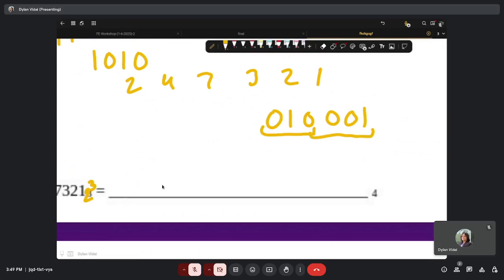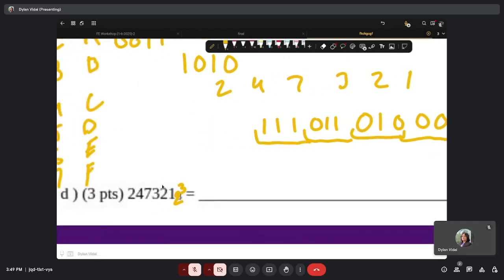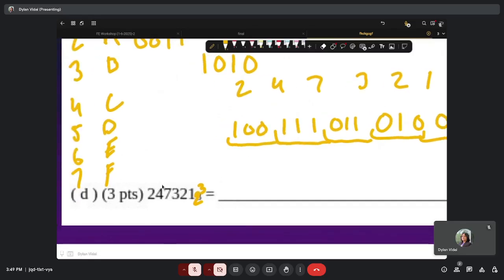And 3 is going to be equal to 3. 7 is going to be on for all 3, so 4, 2, and 1. 4 is going to be just the leading bit. And 2 is just going to be the middle bit.